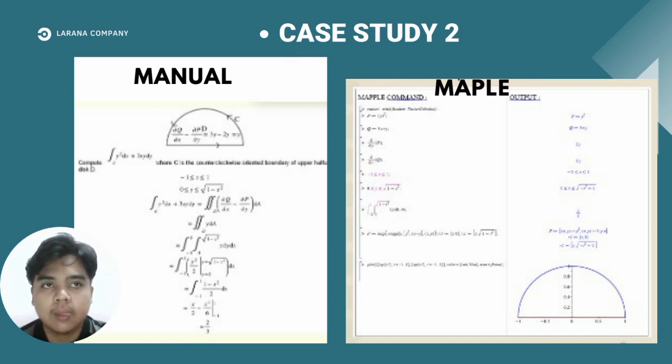Then we identify P and Q, then we integrate, with negative 1 to 1 for x and 0 to square root of 1 minus x squared for y, and then we write down the equation from what we get from x and y. The output will give 2 over 3.